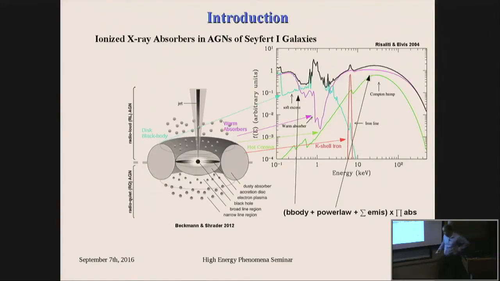Here you see a phenomenological model of X-ray observation. This is the black body, related to this region, and the power law, related to this region. The warm absorber is this component, usually observed in the soft band, and we also have a warm absorber iron line, which we observe around 7 keV.